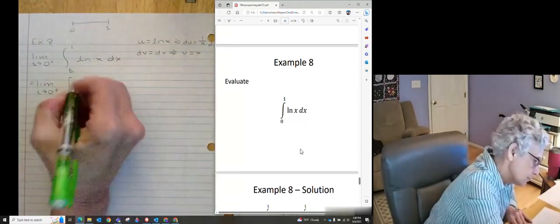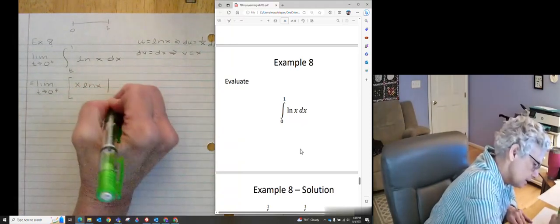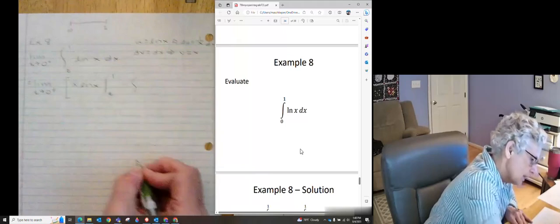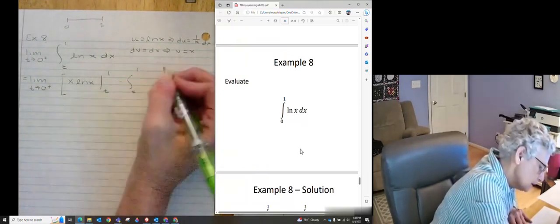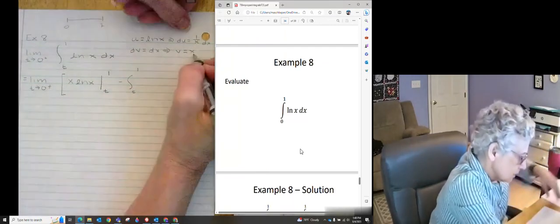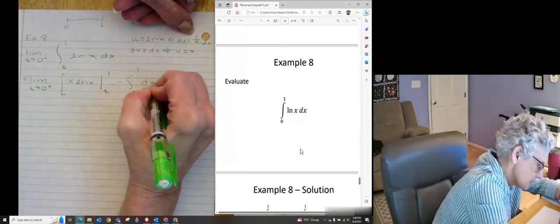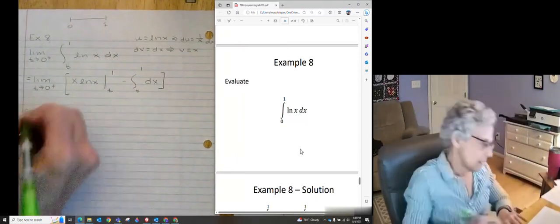So I have u times v, x ln of x, evaluated from t to 1, minus the integral from t to 1, v du, x cancels with x. That just gives me dx.